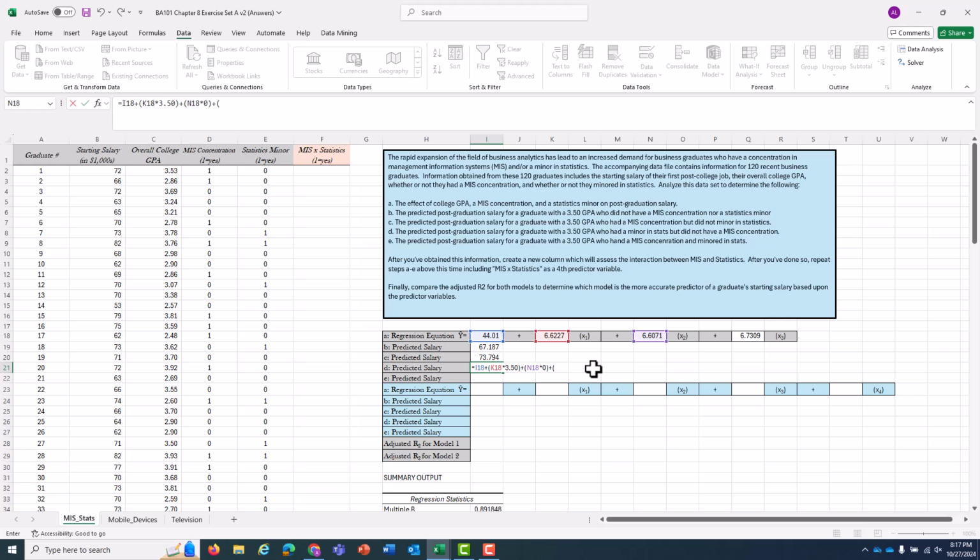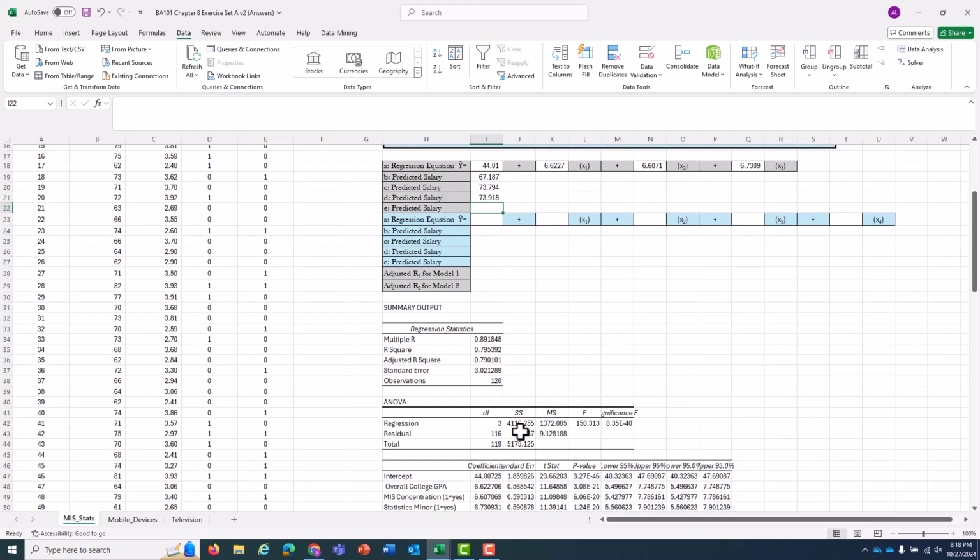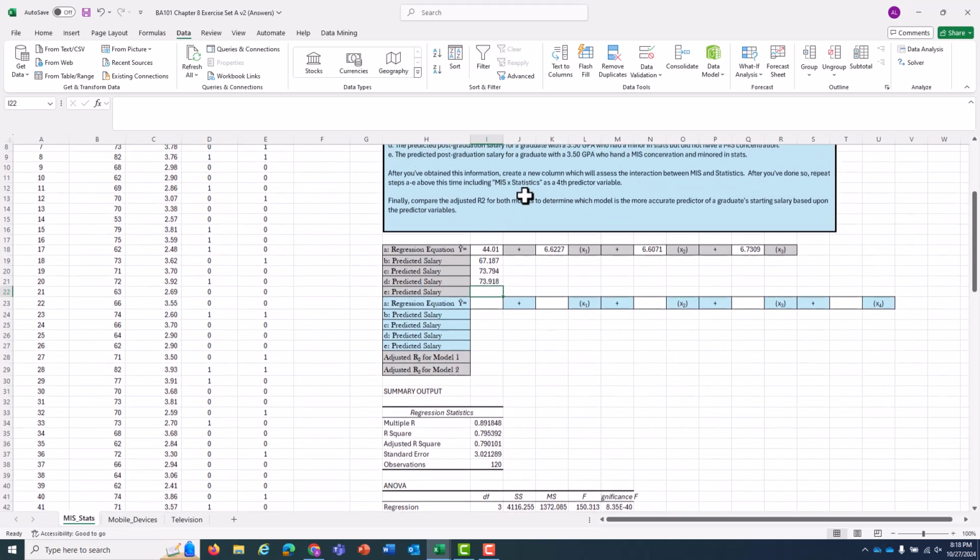Going on to another set, we're going to take the coefficient for the stats minor, and this student in D had a minor in statistics, so times 1, and that's going to come out to be 73.918, which kind of goes in line with what we had down here for our coefficients for our slopes. We said that a stats minor would lead to a higher starting salary than an MIS concentration, and right there, it's not much, but it is a couple hundred dollars, so it's going to be true.